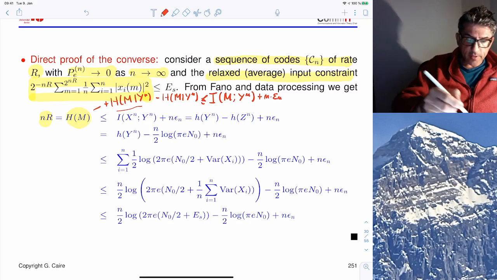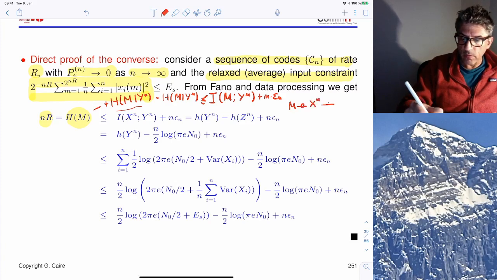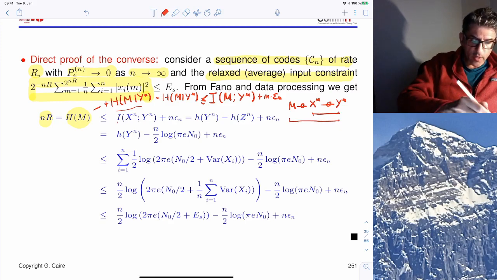And then, since there is a Markov chain message, input, output, the mutual information between input and output is always greater or equal to the mutual information between the message and the output, so we end up with this.